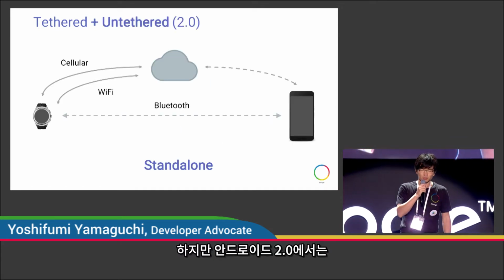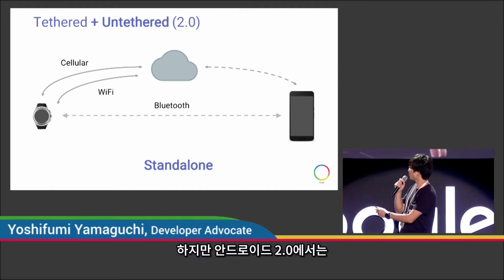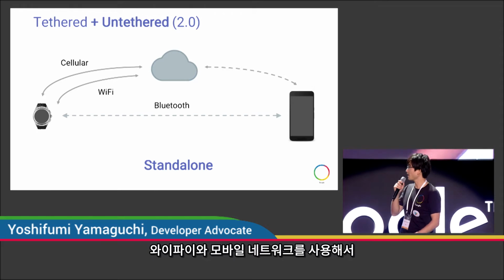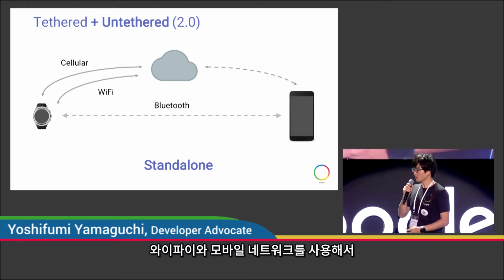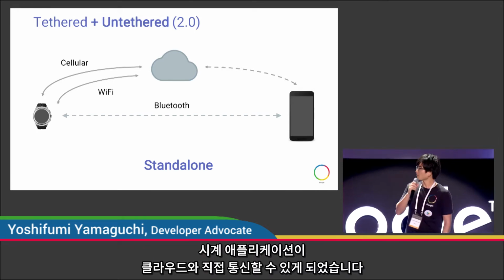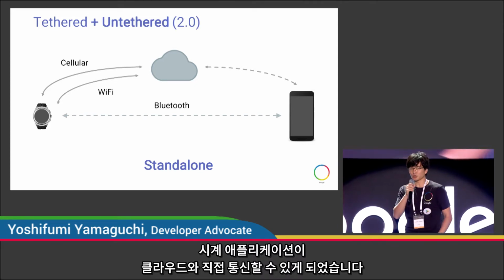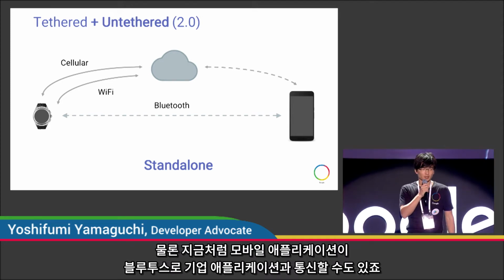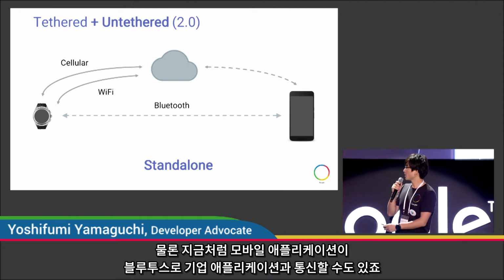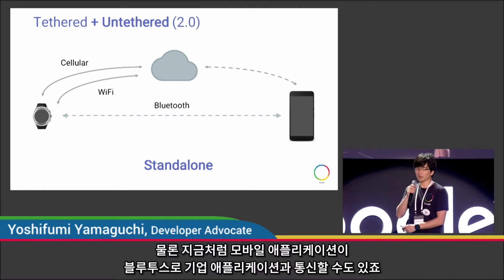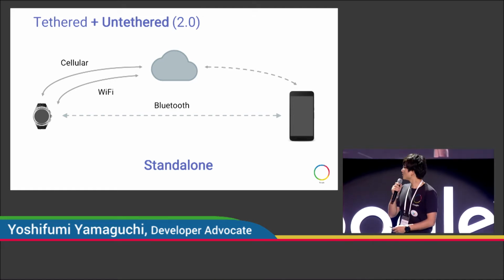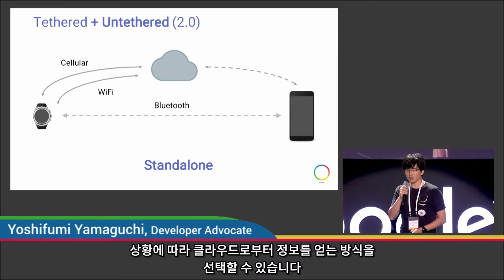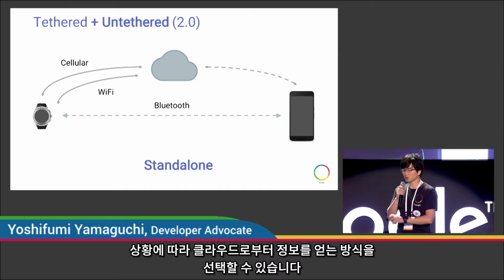But in 2.0, we enabled Wear to use Wi-Fi and mobile network, so the watch application can talk directly to the cloud by itself. And of course, the same as so far, the mobile application can talk with the companion application using Bluetooth. So you can choose the way to get the information from the cloud based on the situation.